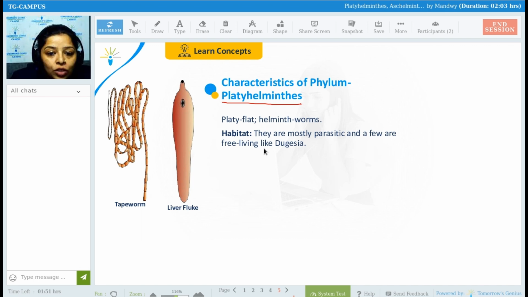That's why the name is Platyhelminthes. This name is made up of 2 words, platy and helminthes. Platy means flat, helminthes means worms. So the study of worms is called helminthology.